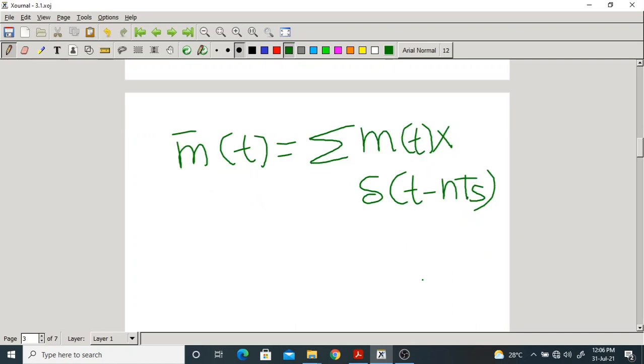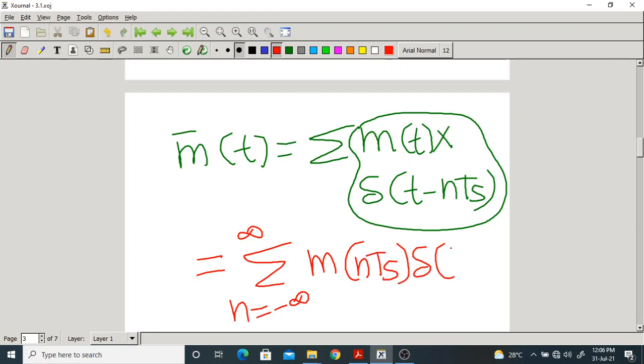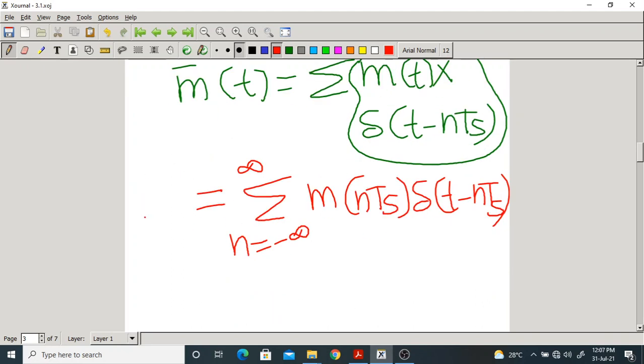Obviously, what is m of t into delta of t minus nTs? It's the sampling property. Now finally, what do you get? The summation from n equal to minus infinity to plus infinity of m of nTs into delta of t minus nTs. This is the sampled signal m delta of t.